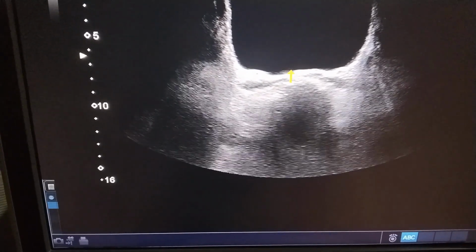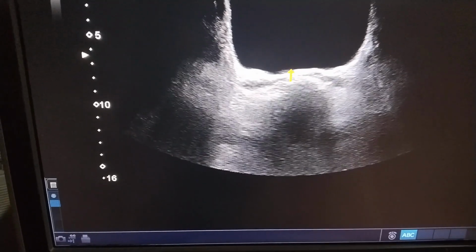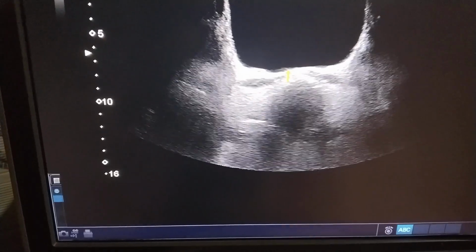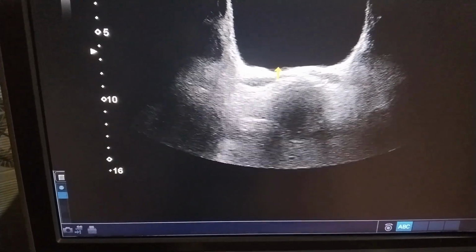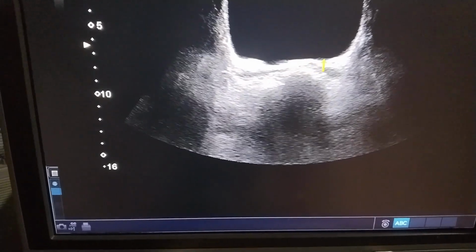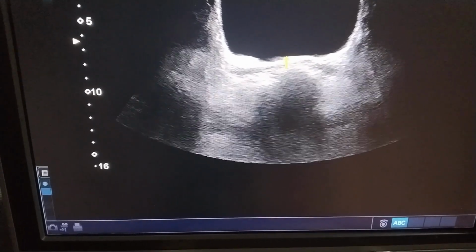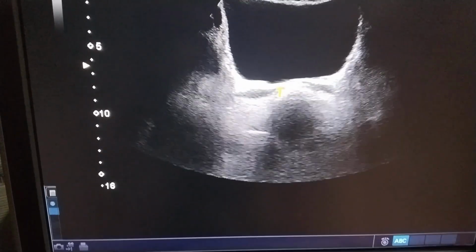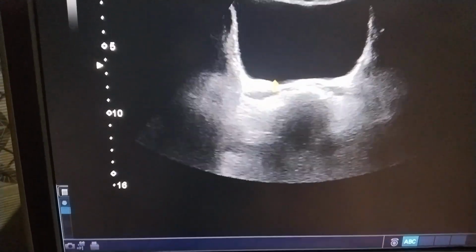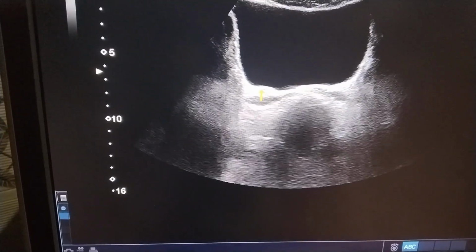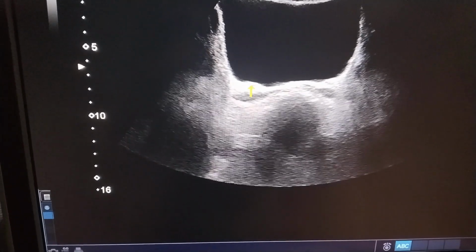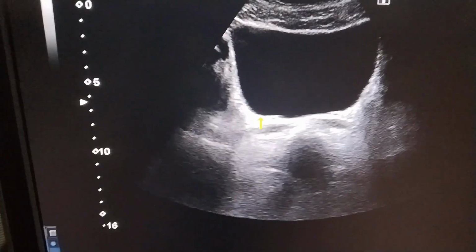The base is located inferior to the posterior wall of the urinary bladder. Within the base is the trigone area between the two VUJs and the neck. And the area where the ureter enters is the vesico-ureteric junction.